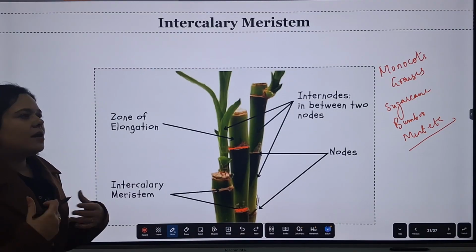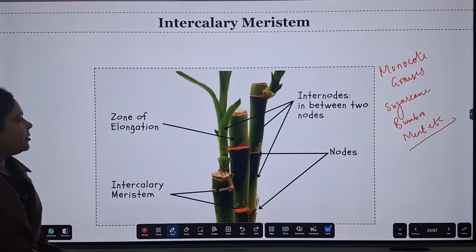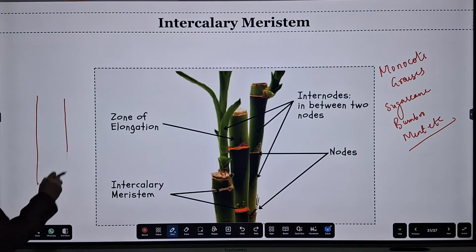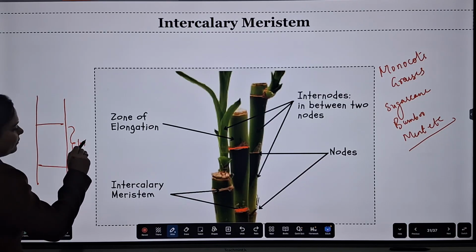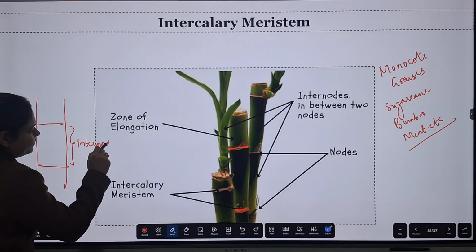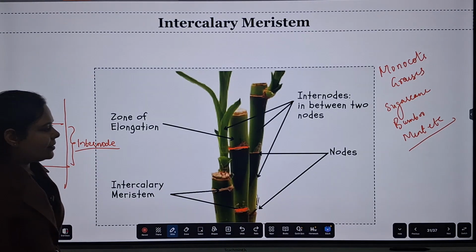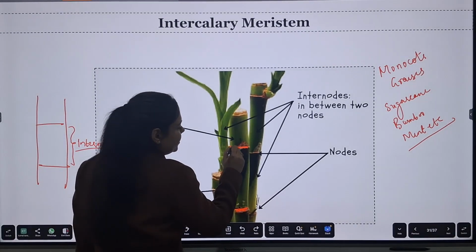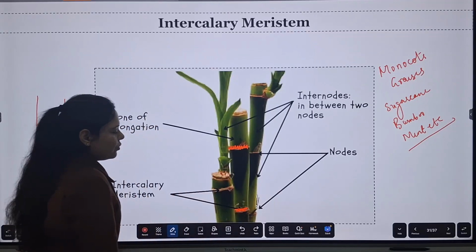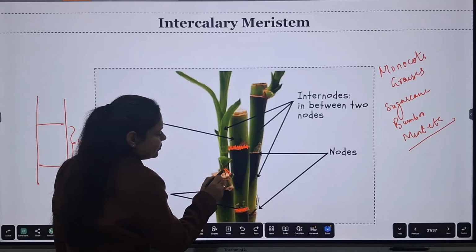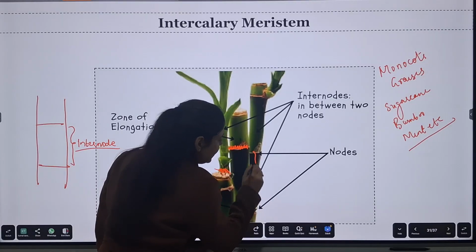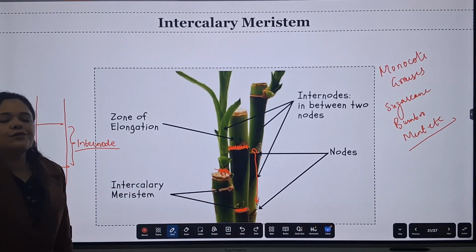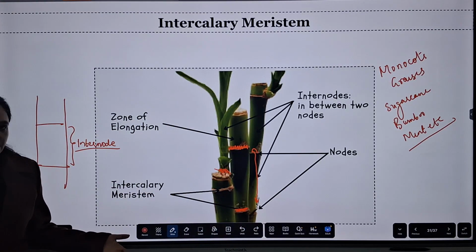If I ask you the definition of stem, it will be like it has nodes and internodes. So one node, second node, and between these two nodes, we have an internode. So intercalary meristem is present at the base of internode, or you can say it is present at the leaf base also. So it helps in increasing the length of an internode in case of monocots, in case of grasses, right?